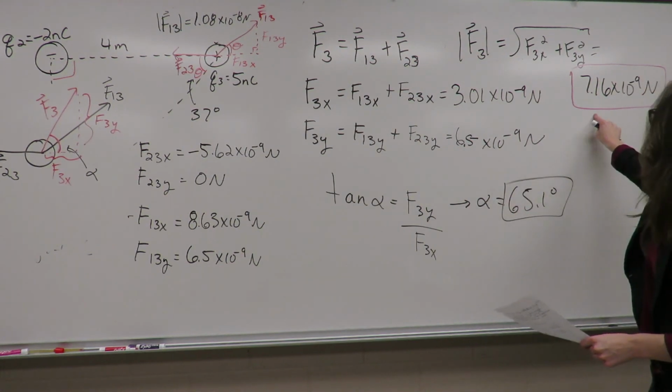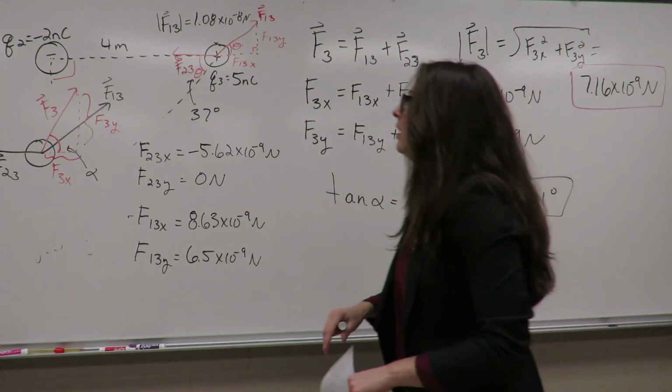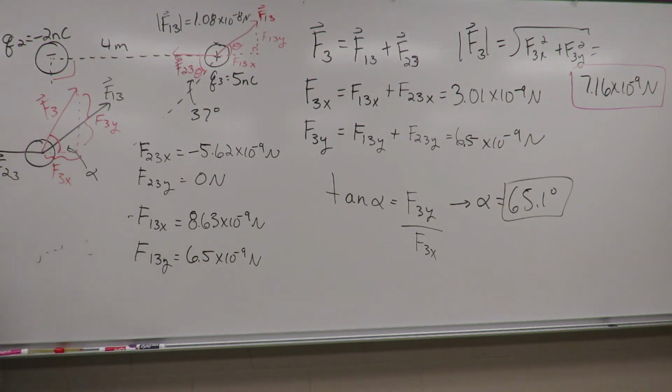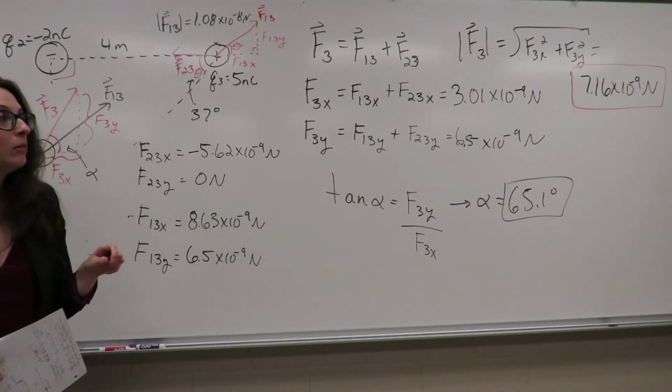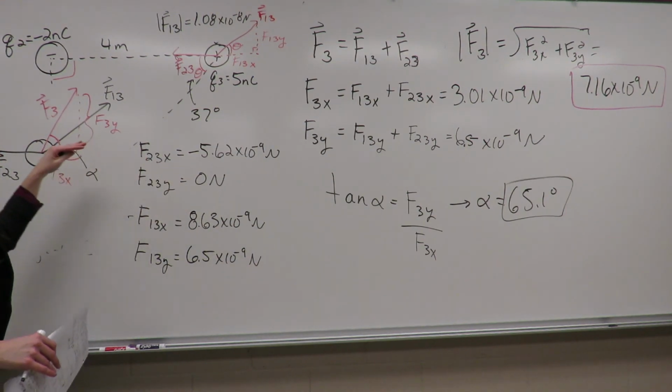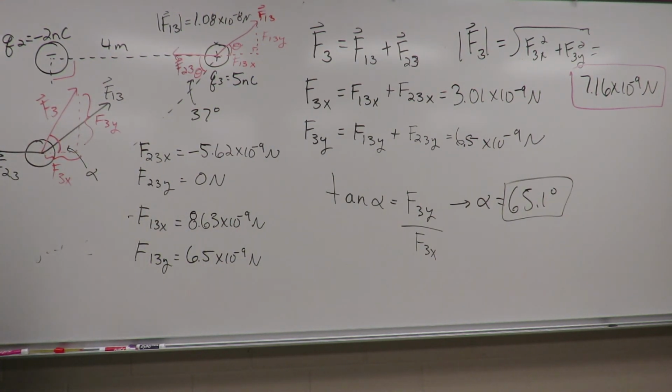So now we have our magnitude and our direction. So the force on particle 3 from charges 2 and 1, the resultant of the sum of those forces from both of those other two charges on charge 3, is going to be equal to 7.16 times 10 to the minus 9 newtons. That's the force, and it's at an angle of 65.1 degrees.